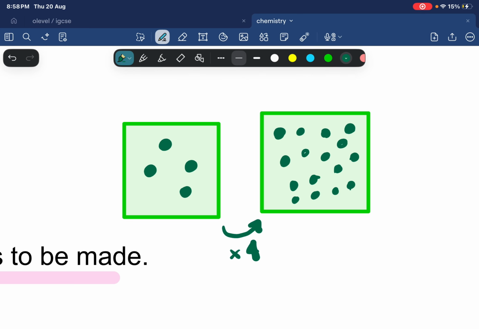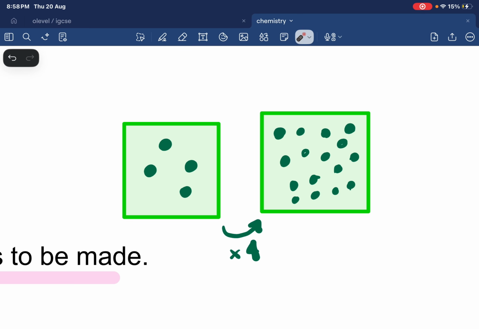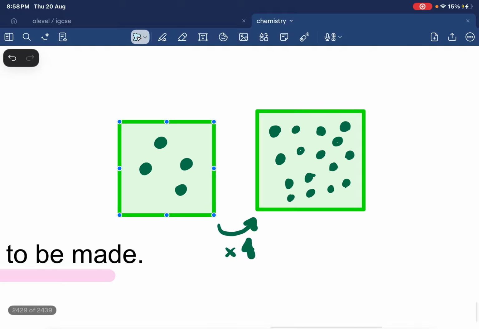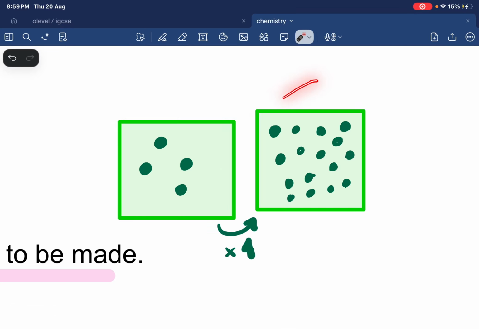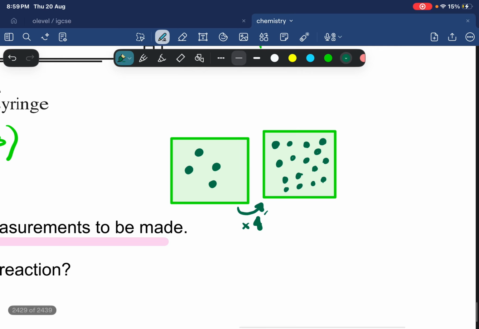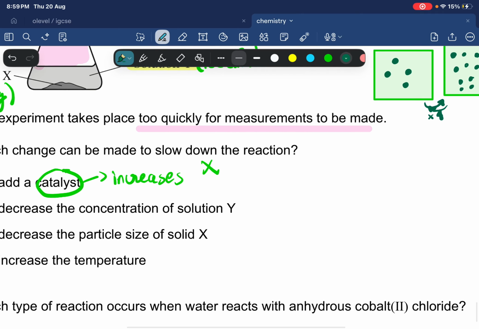A reaction happens when two particles collide with each other. The container sizes are almost equal, but there are more particles, so more collisions happen here and the rate is faster. So if I decrease the particles, I decrease the collisions.